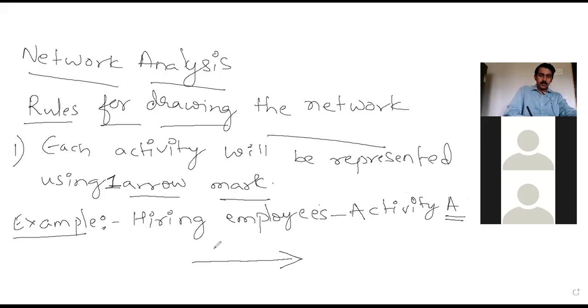This particular activity is called activity A, and this has got a starting point and an ending point for the activity. The starting point can be numbered as 1 and the end as 2. Is it fine? So this is how we actually represent an activity in a project. There may be n number of activities in the project, but each of the activities is represented in this manner.